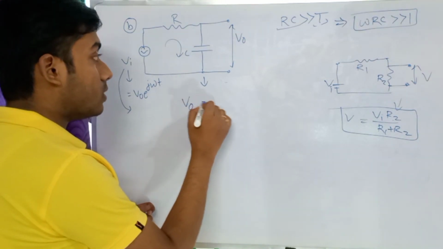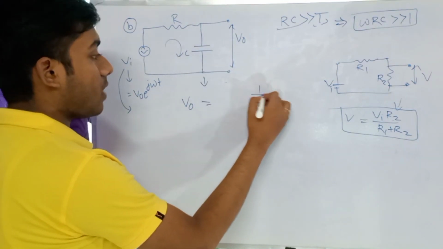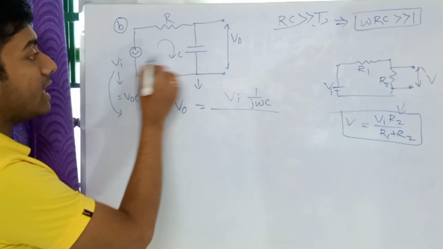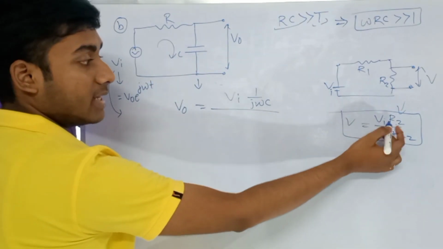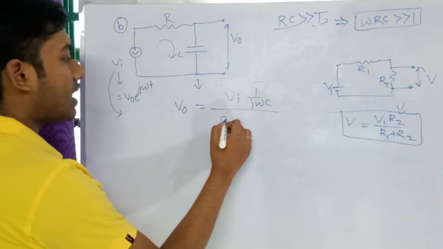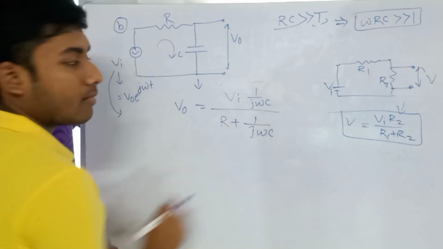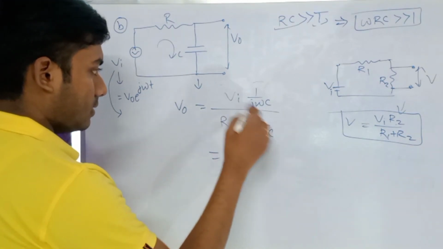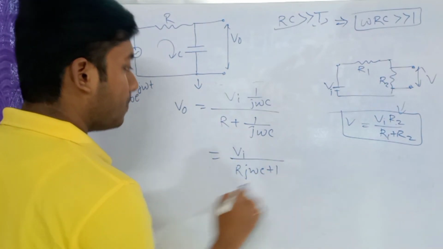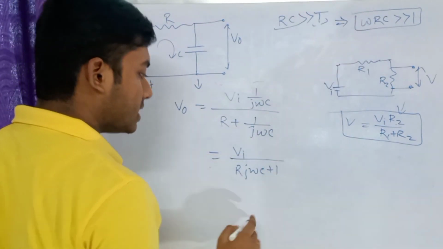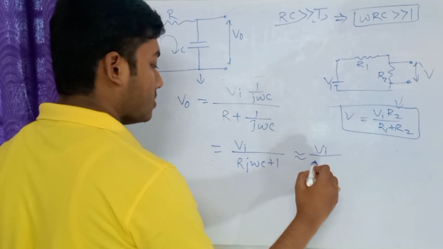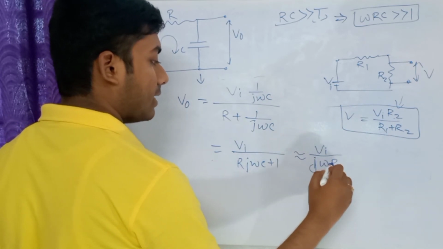So V naught will be equal to the impedance here, that means 1 by j omega C, into the input voltage Vi, like this R2, divided by R plus 1 by j omega C. Now if we simplify it, this will be equal to Vi divided by (R j omega C plus 1), and putting the condition omega RC is very much greater than 1, this will be V input divided by j omega RC.